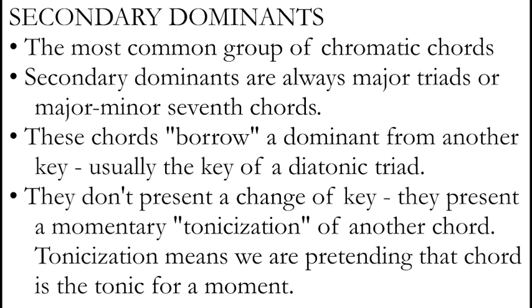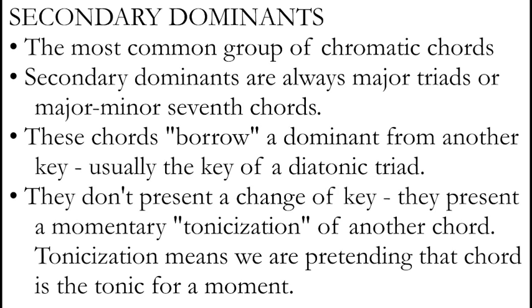We're going to borrow a 5 from some other chord, and usually we're going to borrow from the key of a different diatonic triad. So if we are in the key of C major, perhaps we would borrow a dominant from the key of 2, from the key of D minor. Or perhaps we would borrow a dominant from the key of G, from the key of our 5 chord. Important also, these chords do not present a change of key.